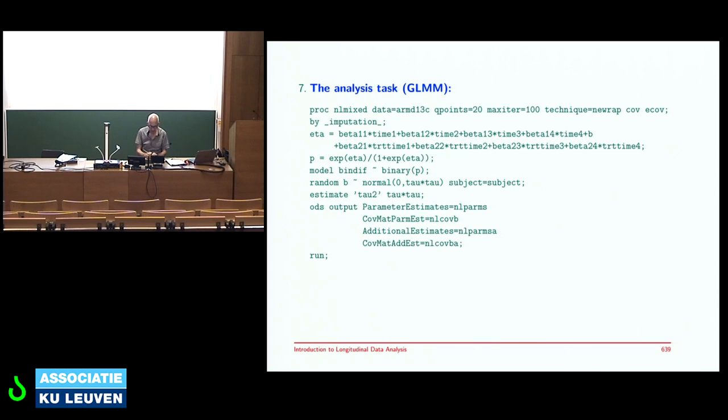It's problem dependent. It's data dependent, model dependent, analysis tool dependent in general. And then there is the analysis task for GLMM with proc NLMIXED, and I'm doing that with proc NLMIXED here, just as one of the possible choices, but look in the output. There is an estimate statement. There are parameters in here, but there is also an estimate statement which creates additional parameters.